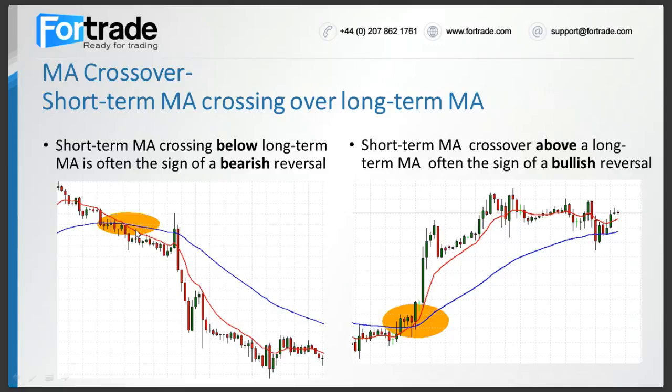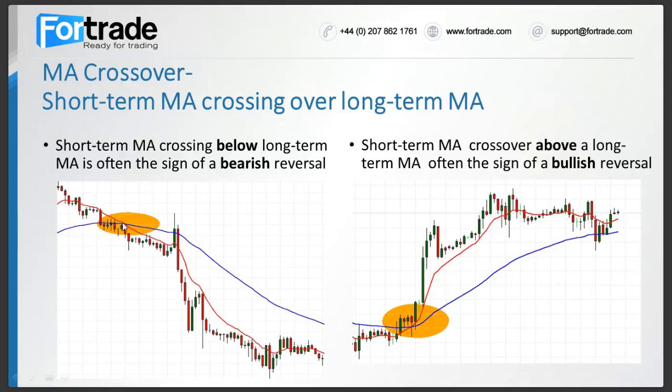Okay. A longer distance between the moving averages suggests a longer-term reversal as well. For instance, a 50-day moving average crossover above a 200-day moving average is a stronger signal than a 10-day moving average crossover above a 20-day moving average.